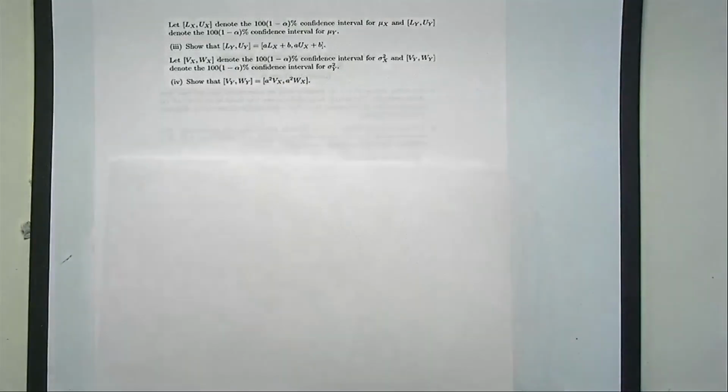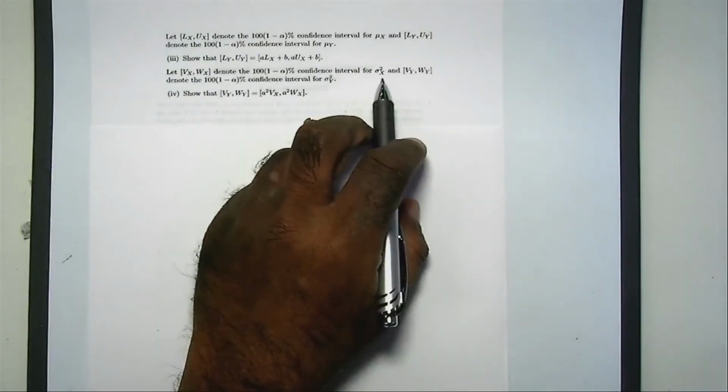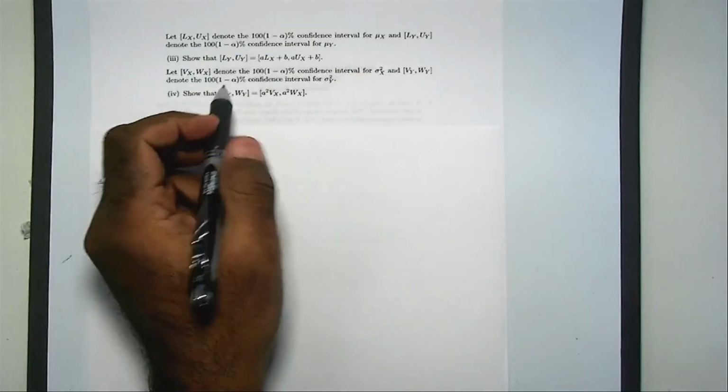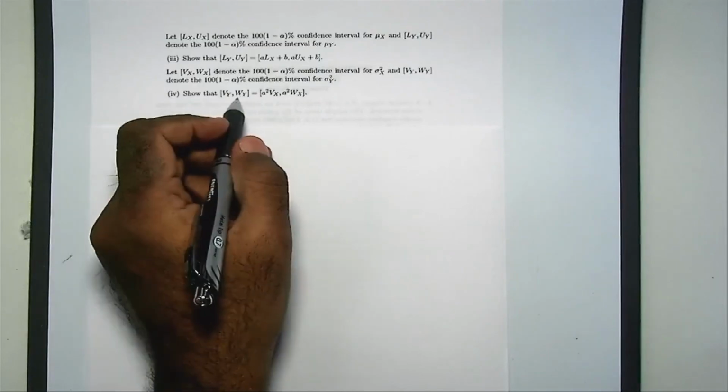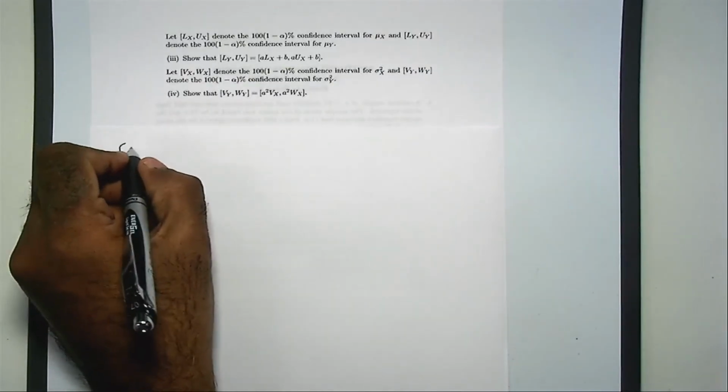Now part 4 is similar. Here we have a confidence interval for sigma x squared and a confidence interval for sigma y squared. So we want to show that this is equal to this. The process is very similar.